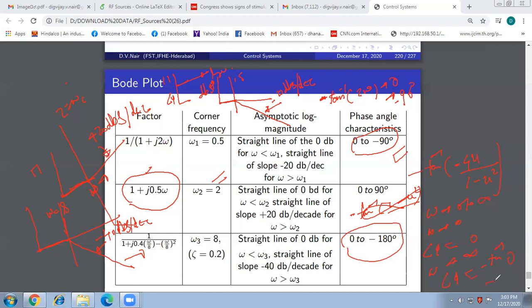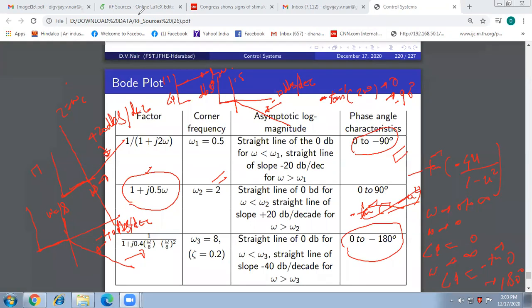So tan inverse of 0 in this case will go to plus minus 180 degrees. So that is how the angle will proceed from phi equal to 0 to a contribution of plus minus 180 degrees by this factor of complex conjugate poles. I hope it is easy and clear.